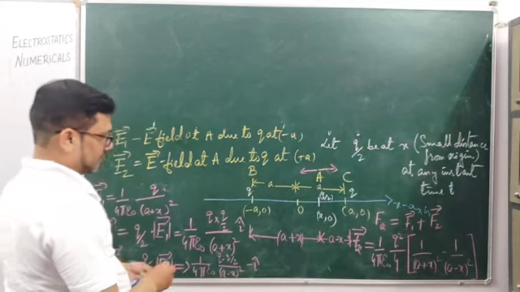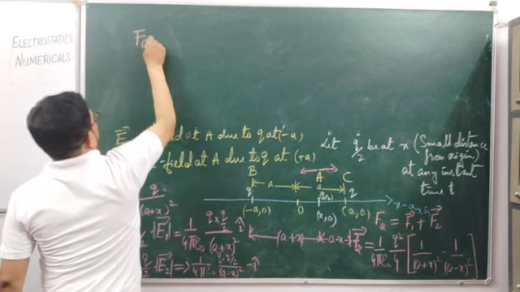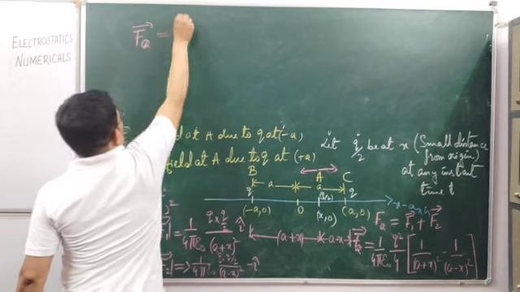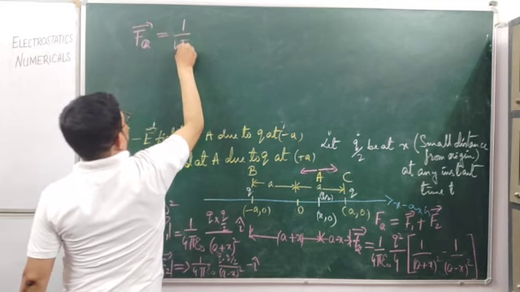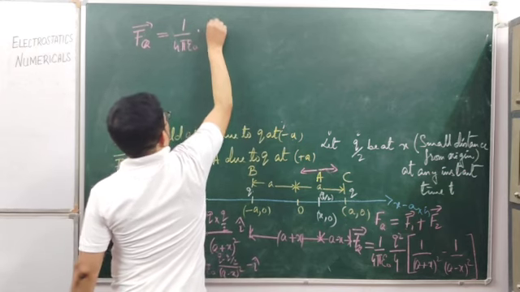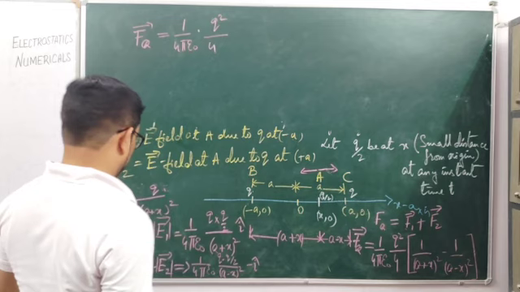So we are getting this equation. We are getting resultant F, that is the force at Q, is equal to 1 over 4 pi epsilon naught times Q squared by 4 in the denominator.